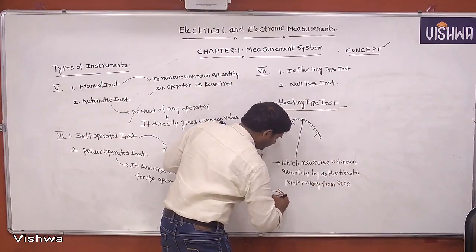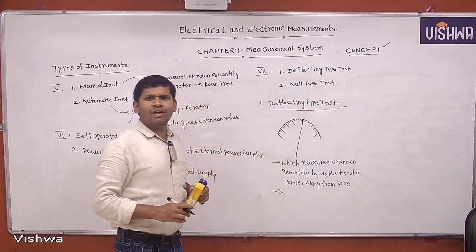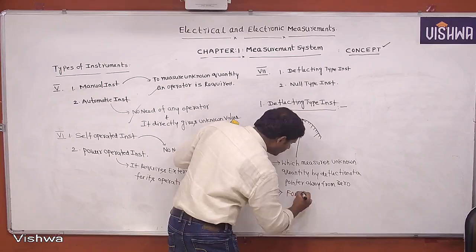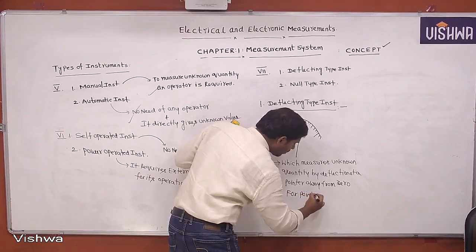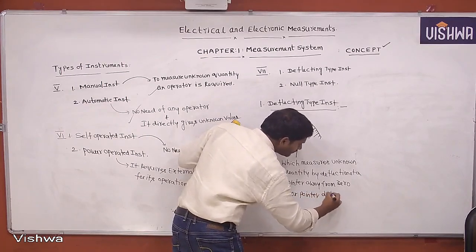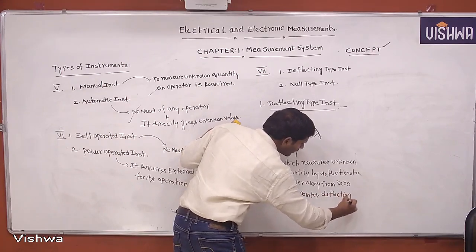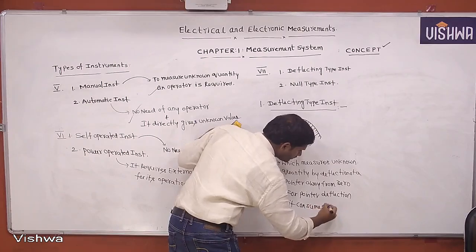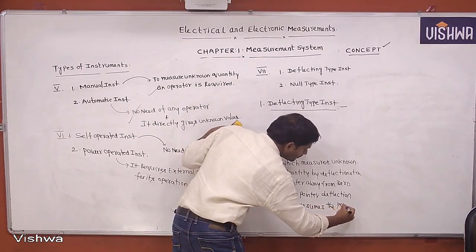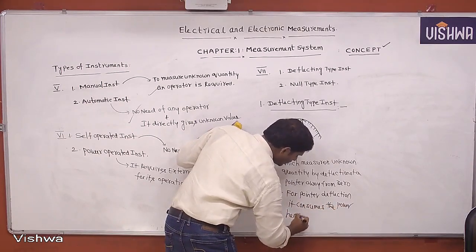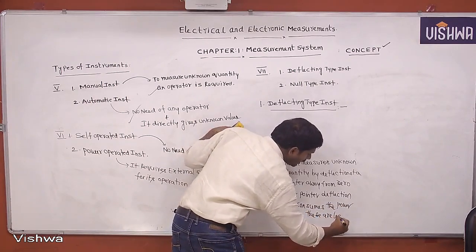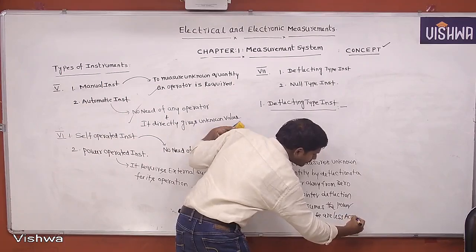Next, for pointer deflection it consumes power. Hence, these are less accurate instruments.